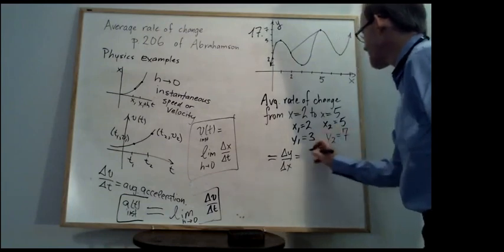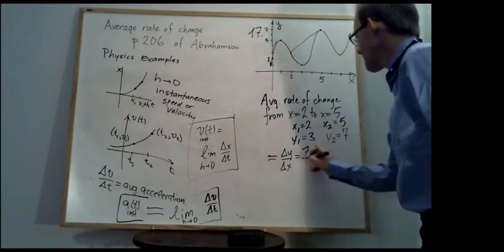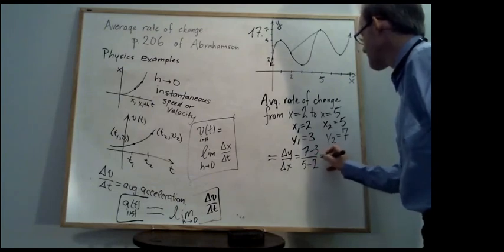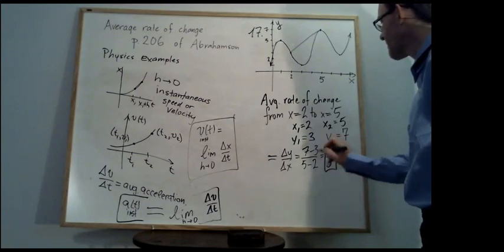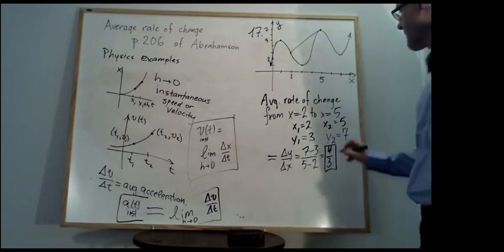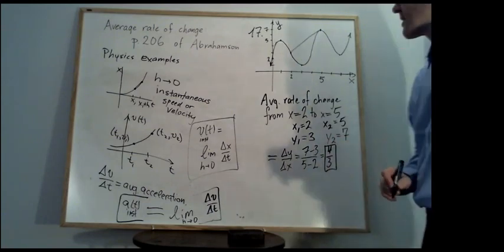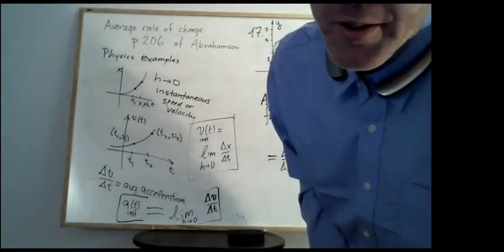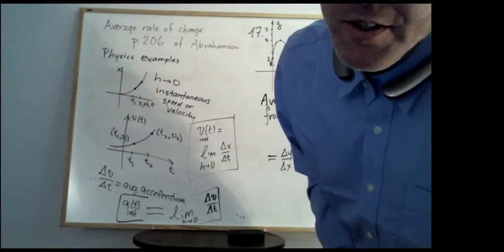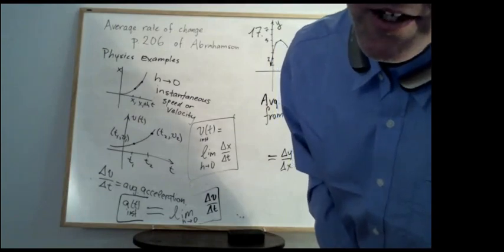So y2 is 7 minus y1 is 3, x2 is 5 minus x1 is 2. So it's 4 over 3, which is in simplified form already. Okay, so you could write it like that. Estimate the average rate of change from x equals 2 to x equals 5. Okay, so that's what I get for that.